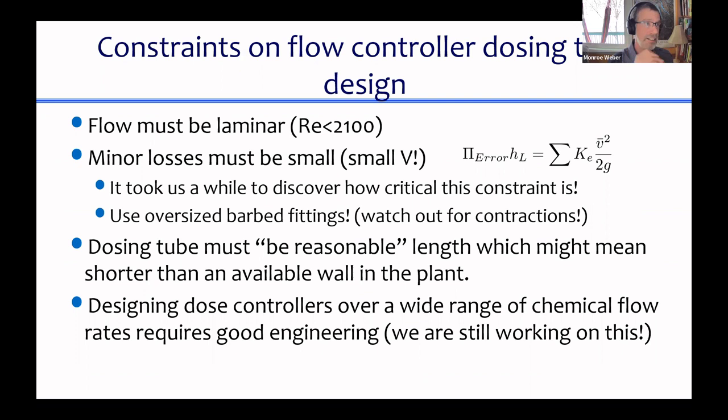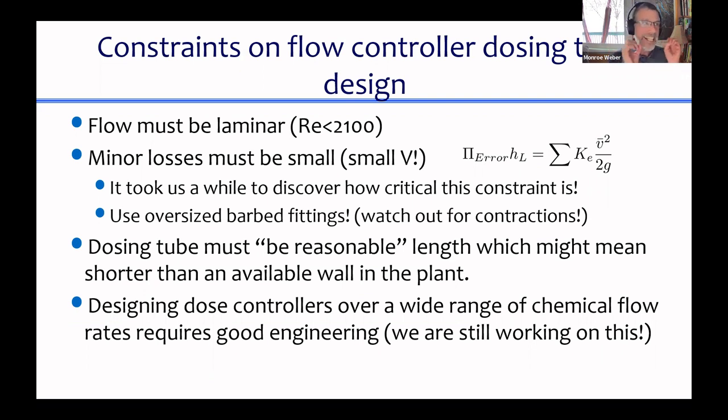Head loss is the total head loss you want to have through that tube. And you need just a tiny bit of that total head loss to be due to minor losses. So pi error might have a value of 0.1, which means that the losses due to minor losses could be at most 10% of the total losses.